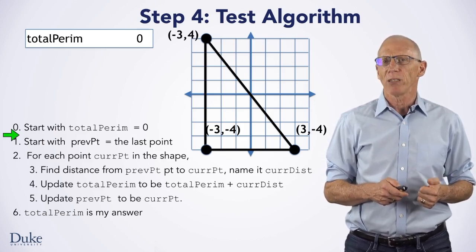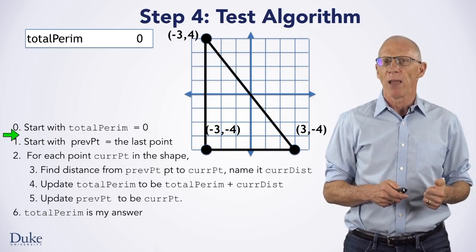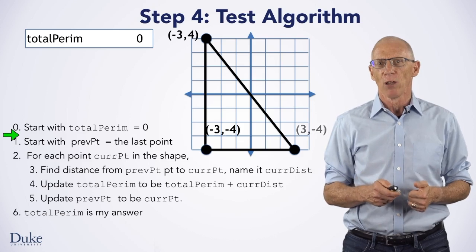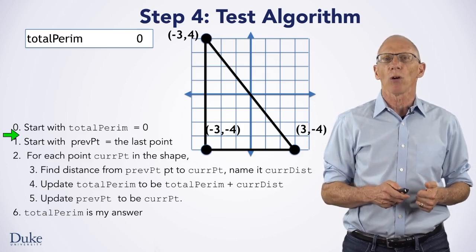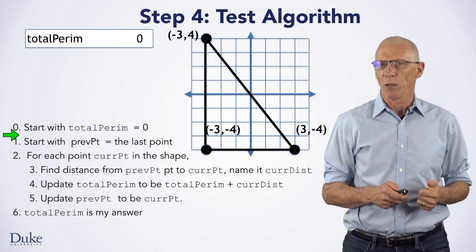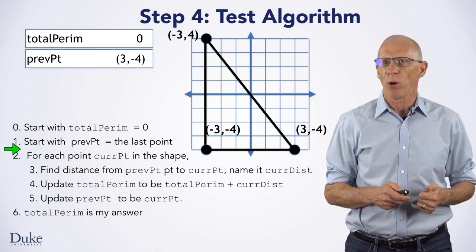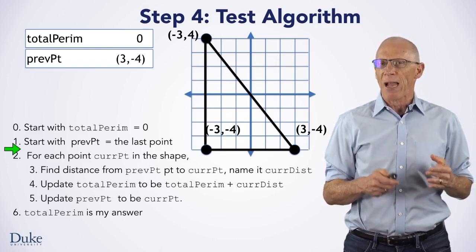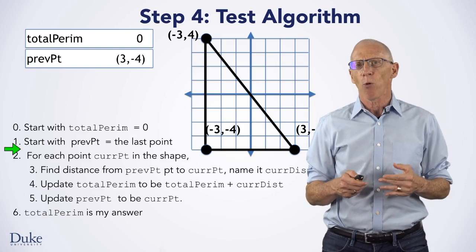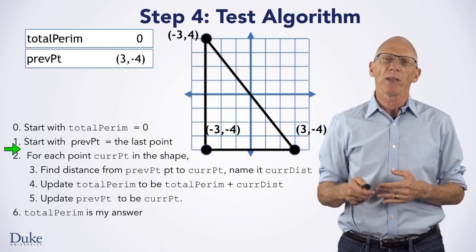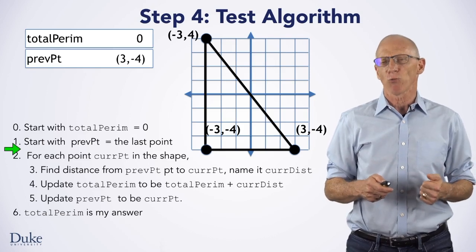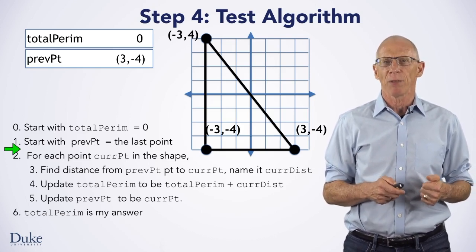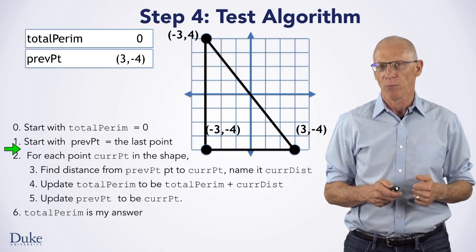We'll say the points in this shape start at the top and go counterclockwise. So this point in the lower right-hand corner is the last one. And we'll initialize prev point to be that point. We'll note briefly that if this were actual Java objects, prev point might be an arrow pointing at an object. But we're going to just write down the coordinates here to keep the diagram simple and legible.